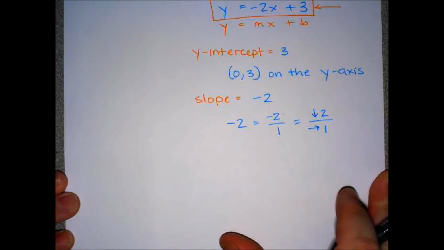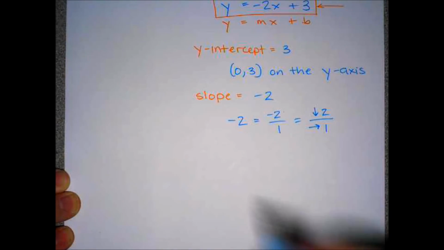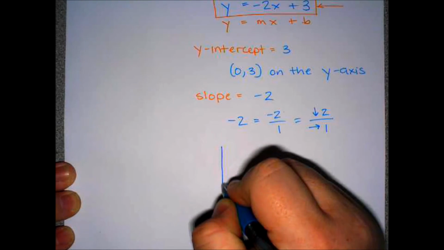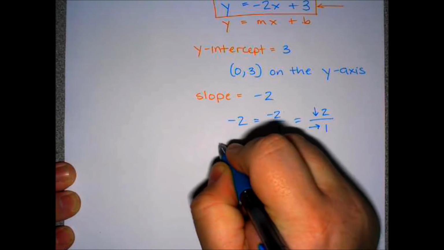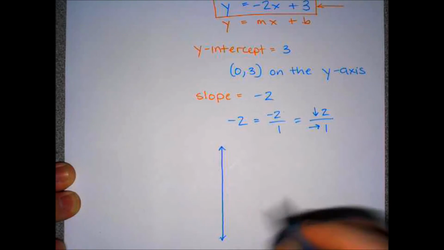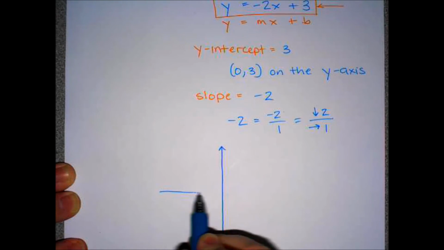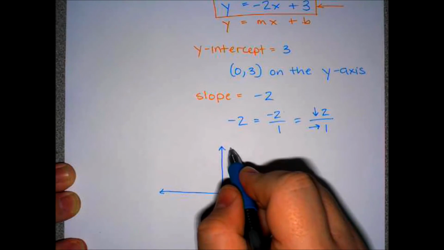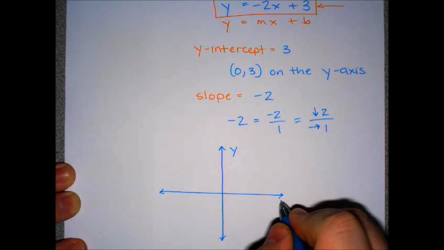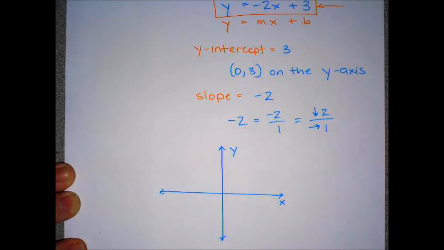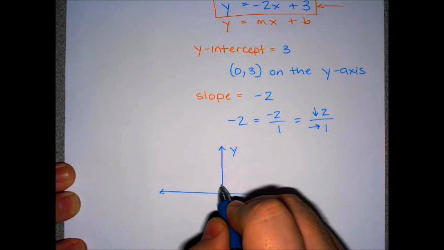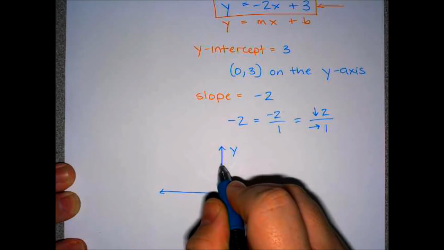Let's draw ourselves a little XY coordinate here. Make sure you always label the axes y and x. 0, 3, we're going to have to make at least 3 little tick marks here.